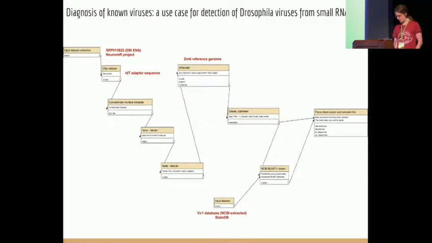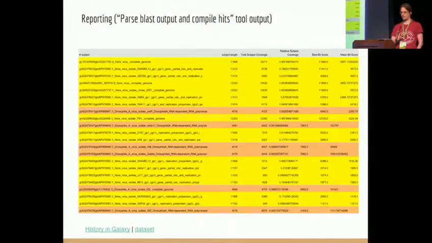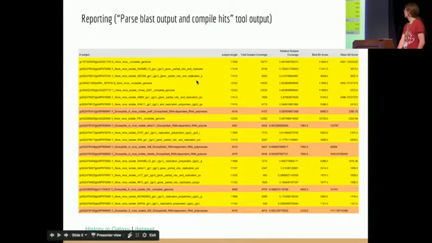And then the output of that phase is this table here, where you see the different hits that BLAST has found, how long those hits are and how much of that is covered by the contig, and so on.